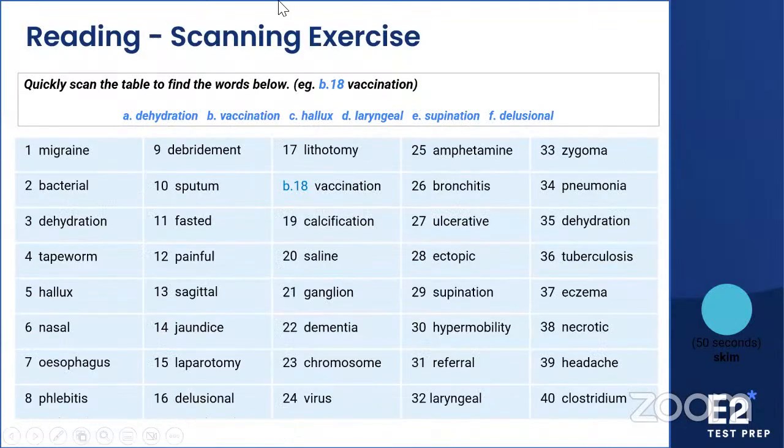So we're going to do a little game here. See if you can scan the table to find the words. So for example, vaccination is B18, and you're just looking at this to find the words in the table.